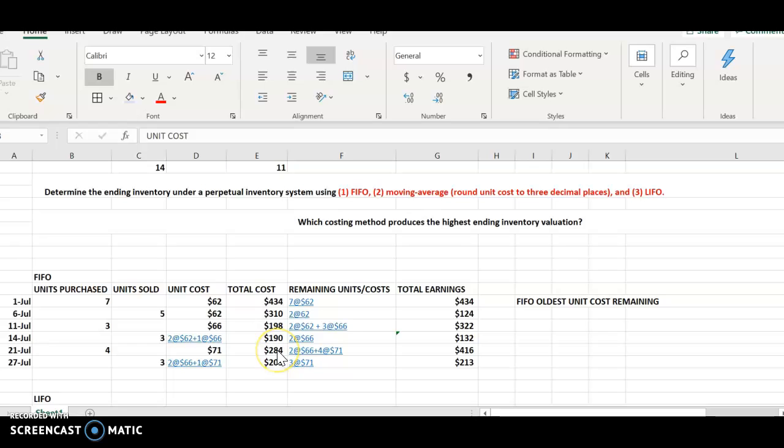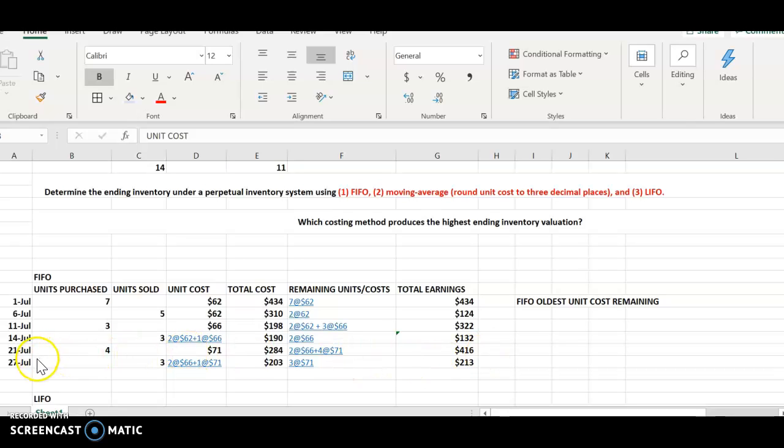We have to remember that the oldest unit cost remaining is 66, so 2 times 66 plus 4 times 71. Since we purchased, we add 284 plus 132, which will be 416.